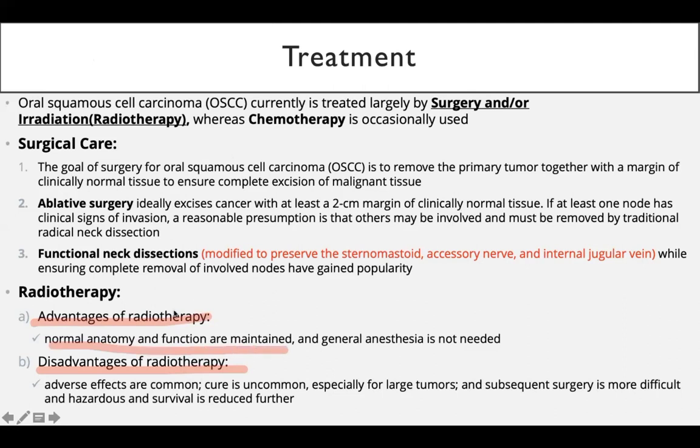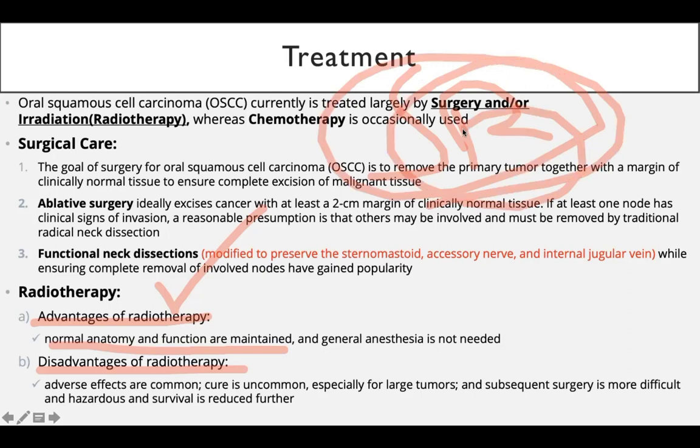So when we use radiotherapy, the normal anatomy and functions are maintained, unlike surgery, because when we perform surgery, we excise surrounding tissues to avoid the invasion. So we cannot preserve the anatomy of the structure. But radiotherapy preserves the anatomy of the structure, and hence when the anatomy is preserved, the function is preserved.